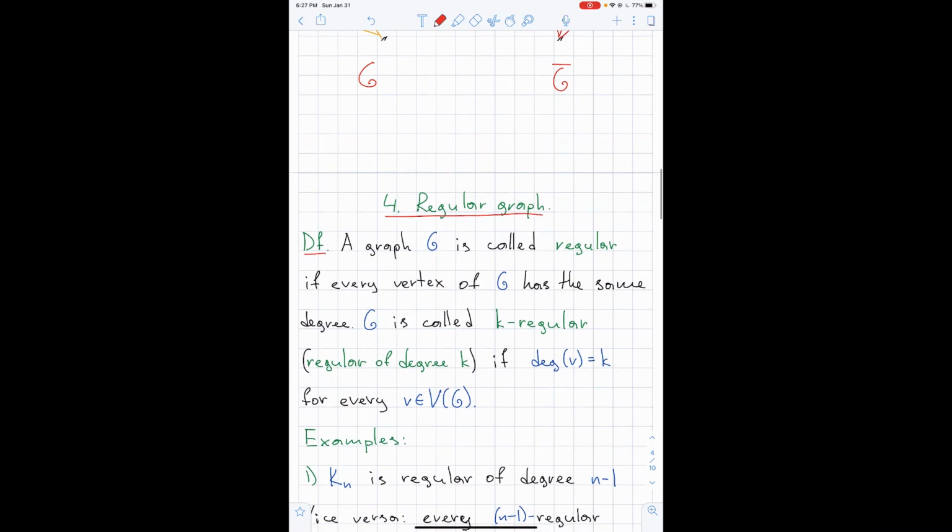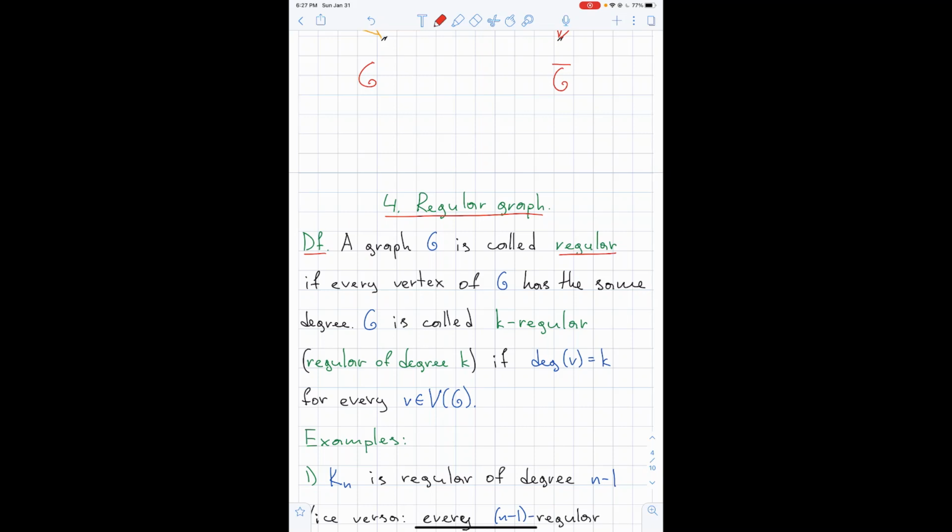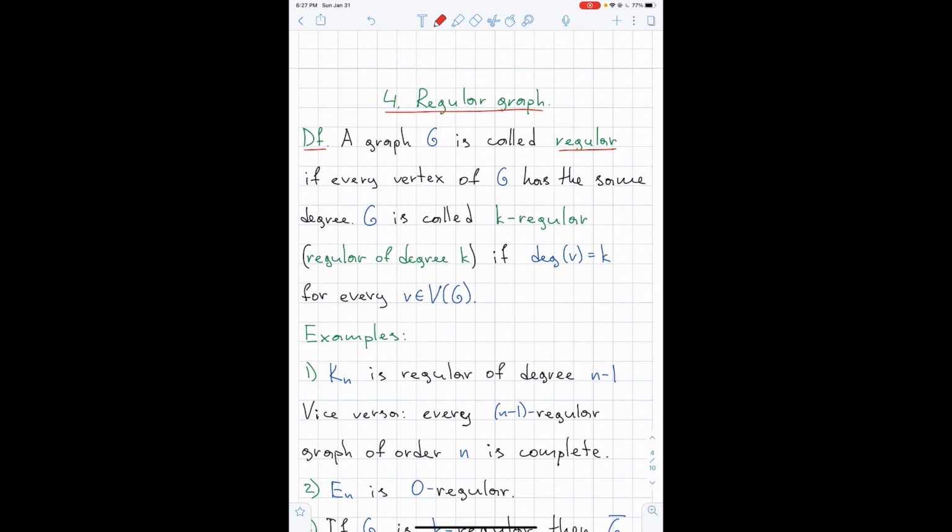A graph is called regular if all the vertices have the same degree. Moreover, a graph is called k-regular, or regular of degree k, if all vertices have degree k precisely. So if I want to emphasize the degree, then you can say k-regular.